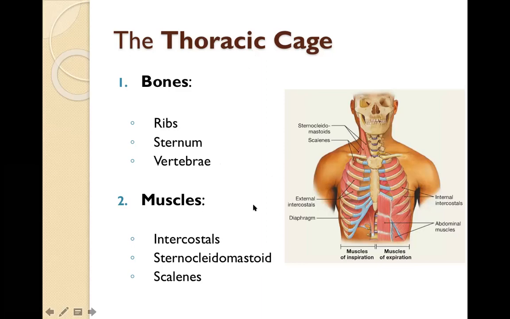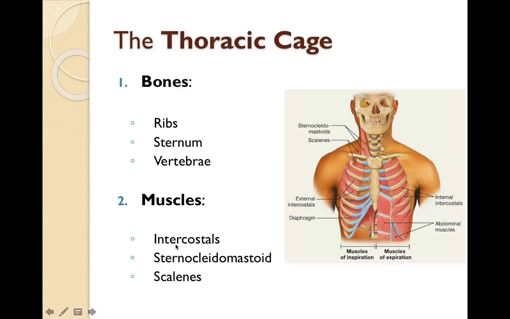I digress. The muscular component of the thoracic cage includes a few types of muscles. There are the muscles that are within the thoracic cage itself, and those are the intercostal muscles. Whenever you hear the root word costal, always think ribs.